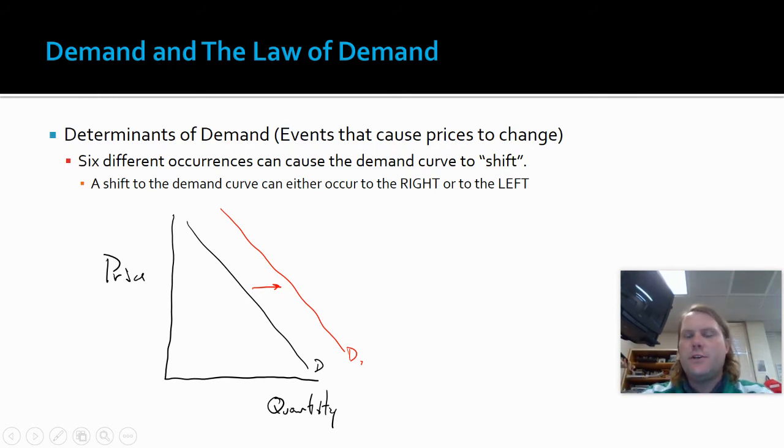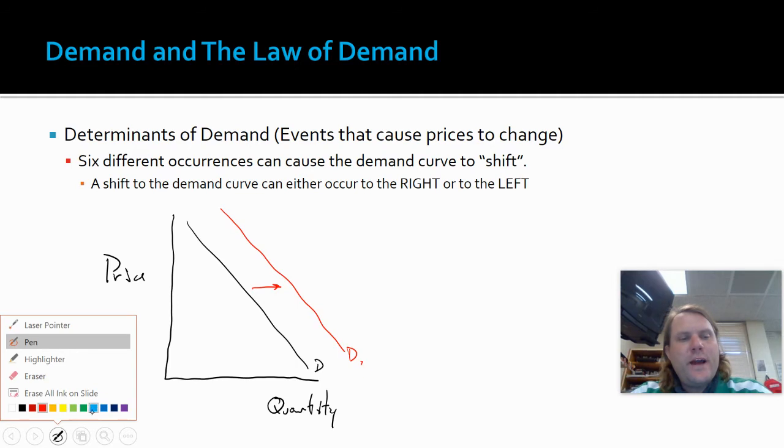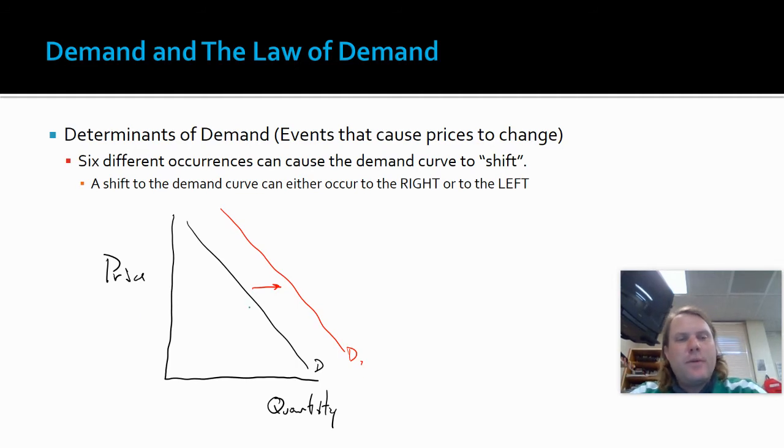That's increasing your demand to the right. Or if we have something that is going to decrease our demand for stuff, so if we earn less money, it could decrease our demand for stuff as well. We increase to the right, we decrease to the left. And I'll write these on here just so you can visualize what you're doing and you can add them to your own notes.